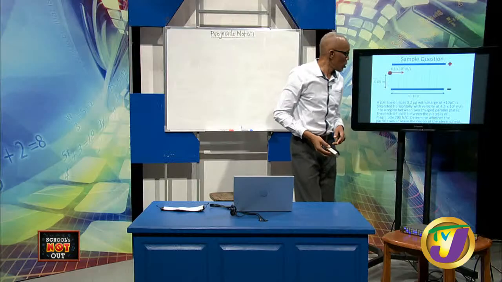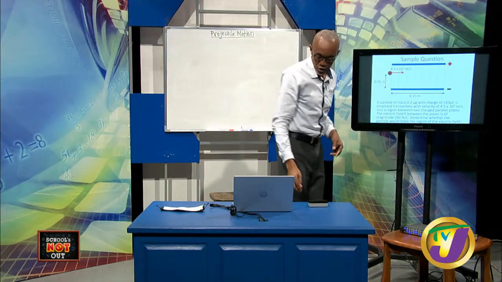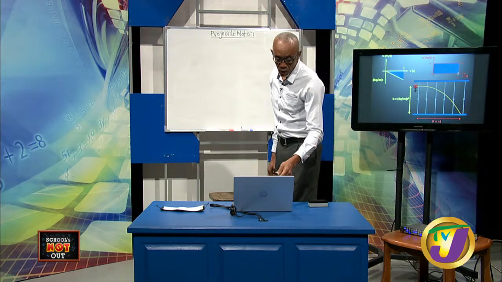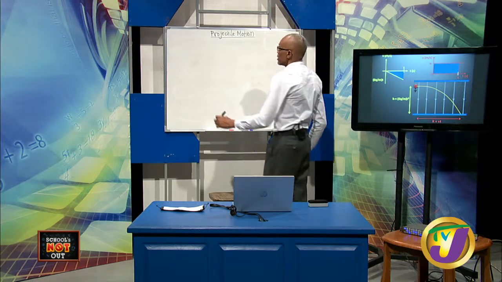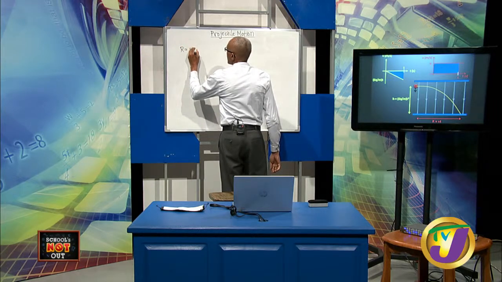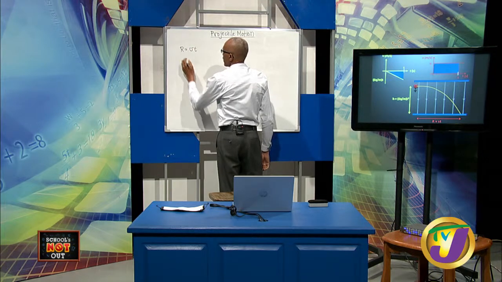So we can make the determination. Let's go back and keep in focus. Remember now, we know that the horizontal distance that it travels, R, is equal to V times T, okay?